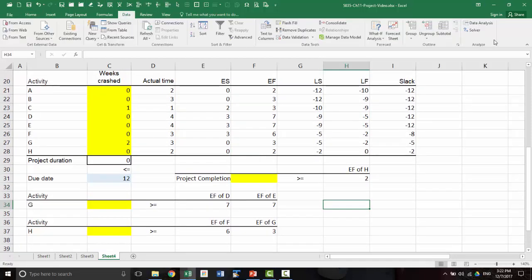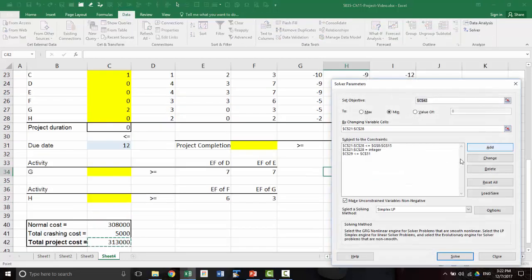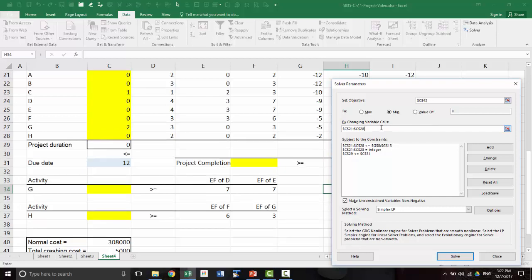So let's go here to solver. So now we are again minimizing the project cost. Okay, so now we have to add, besides that, we have that, comma that, comma that. So 3 additional cells as changing cells.